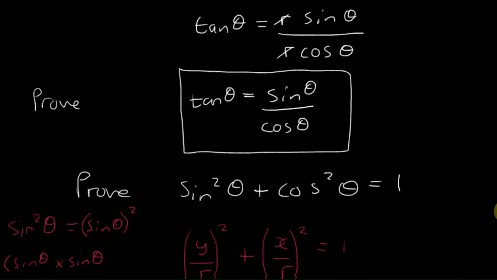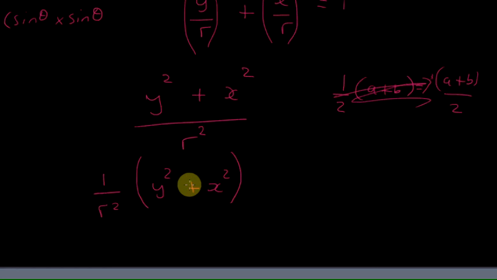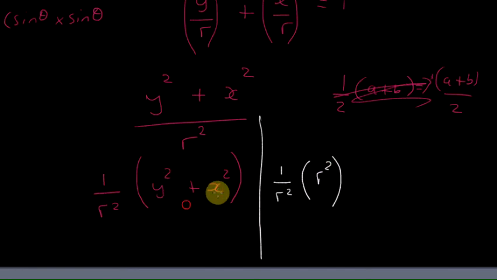Let's go down, and we see that we have y squared plus x squared, and we know that equals r squared. So we can say that we've got r squared over r squared, because we just found out that that equals r squared.